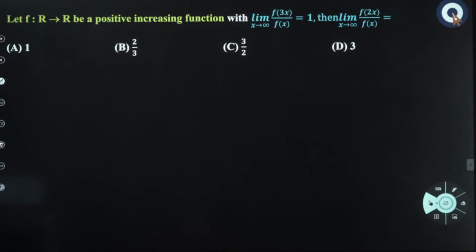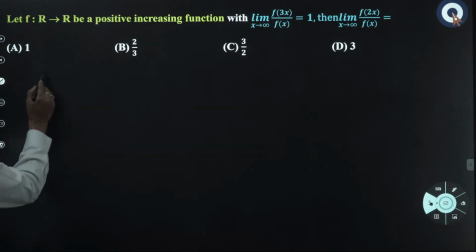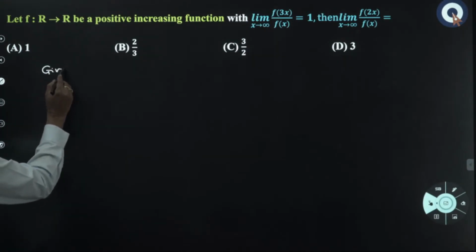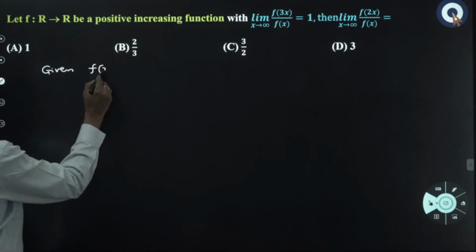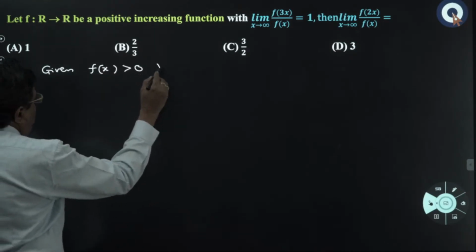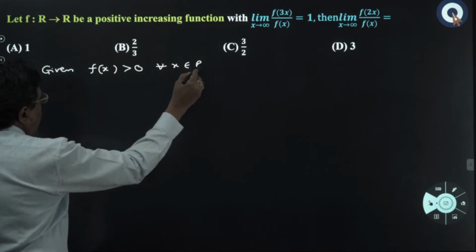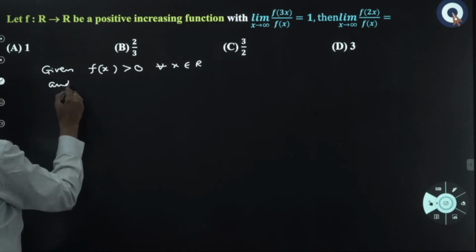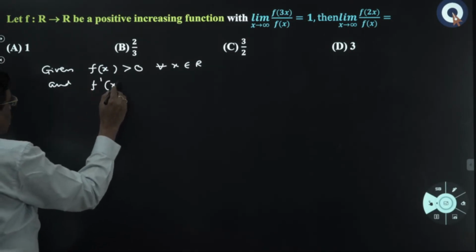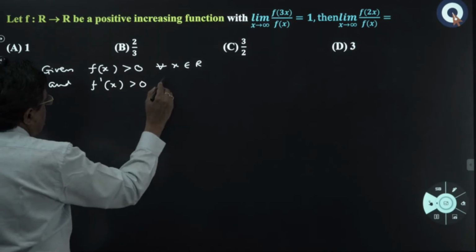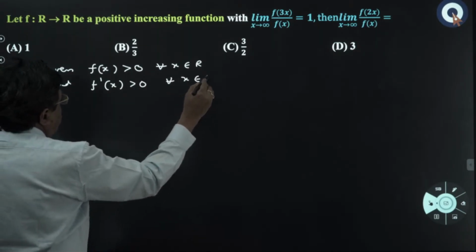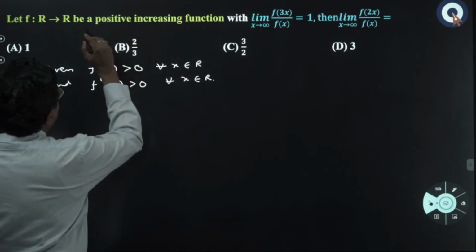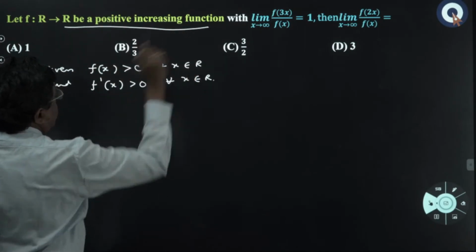So it is a positive increasing function basically for all real numbers. So fx is given, fx is greater than 0 for all x belongs to R, and f dash x is also positive, because fx is increasing for all x belongs to R. These are the two things that are given by writing this part.